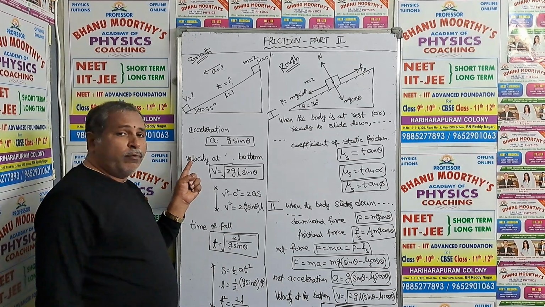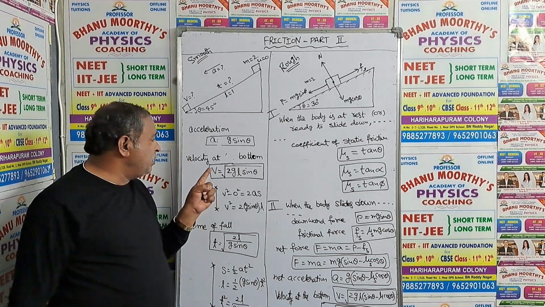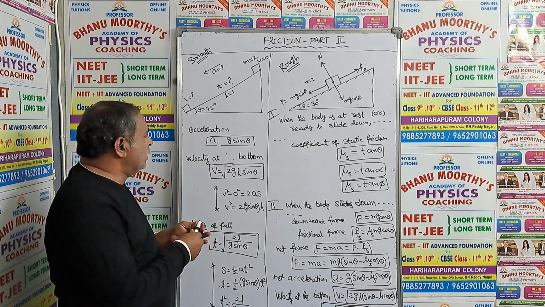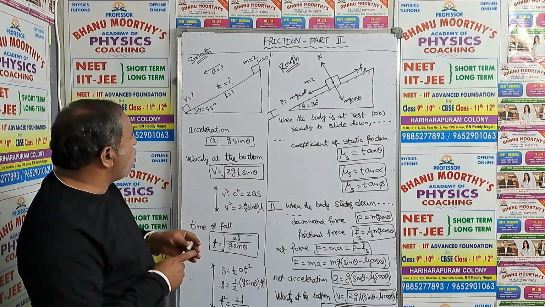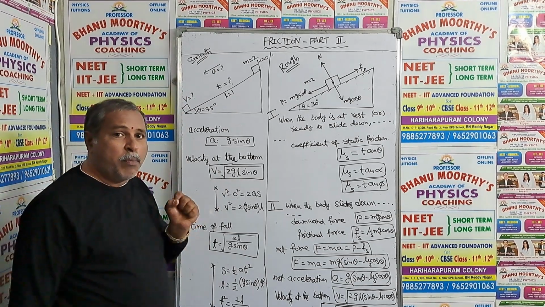Now, my dear students, we are going to discuss the velocity of the block at the bottom of the surface. How can you calculate the velocity at the bottom end?